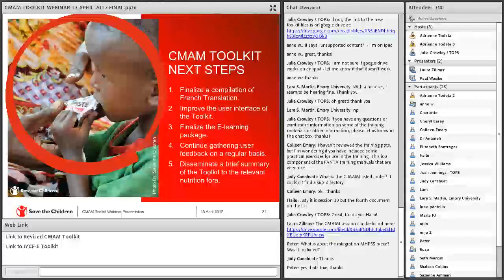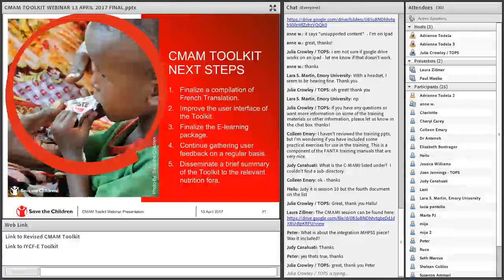So we're not doing badly with time. The next steps with the CMAM Toolkit: I should have mentioned this earlier. The first version of the toolkit has been translated into French, and that is the aim for the second version as well.